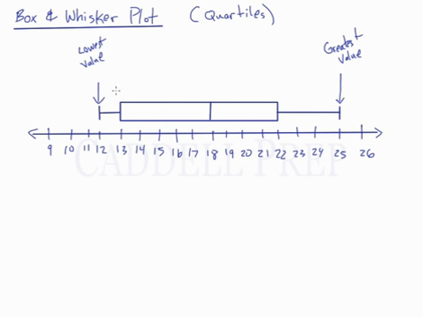The beginning of the box, so in this case 13, is the first quartile. The middle of the box, or the 18, is the second quartile, which we know is also the median of all the numbers. And the end of the box is the third quartile.